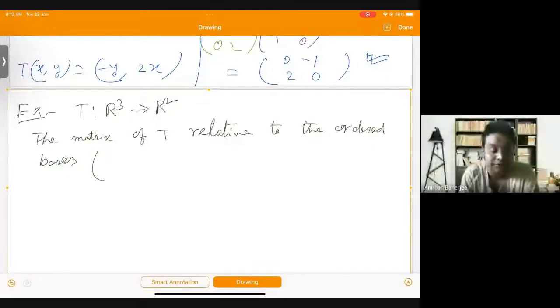One ordered basis should be given for R3. Let's say (0, 1, 1), (1, 0, 1), then (1, 1, 0).